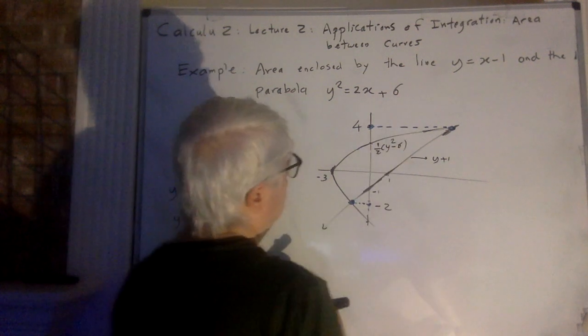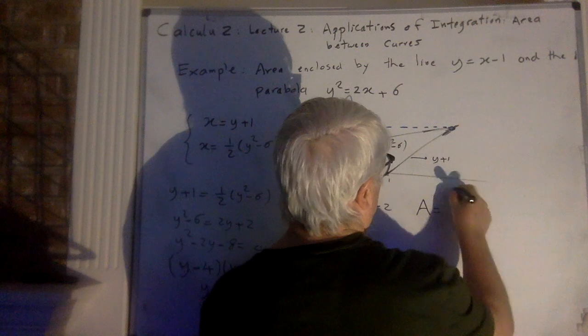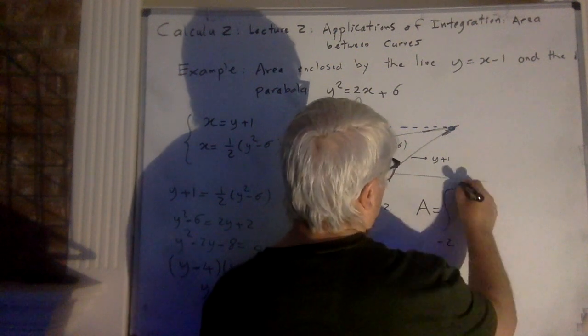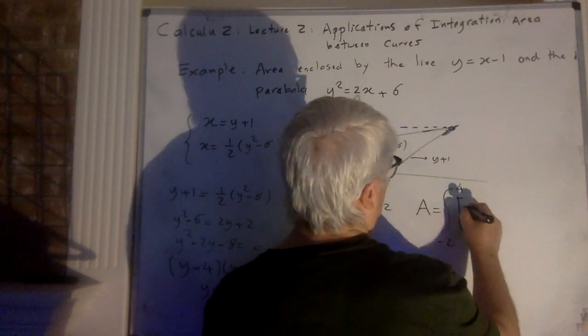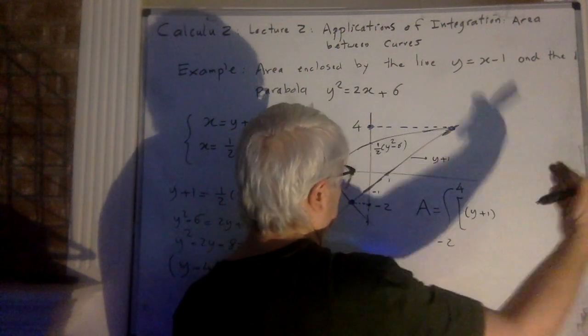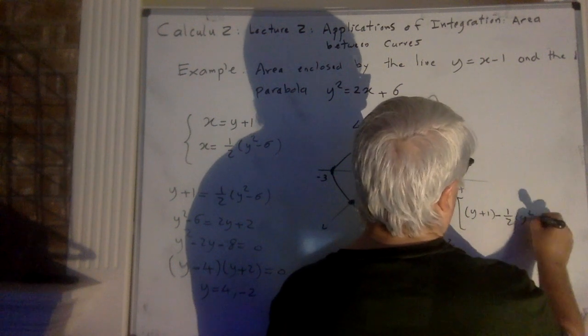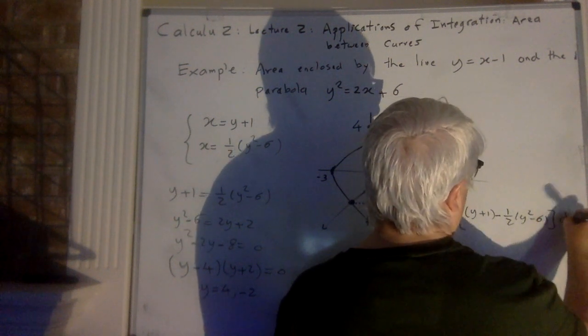So the area will be from -2 to 4 of y plus 1, which is the right side, minus the left side, minus 1/2 times y squared minus 6, dy.